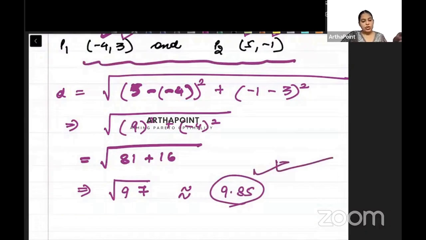Okay. Now let us go ahead and talk about the equation of a circle. I have already explained, but let us talk about it.